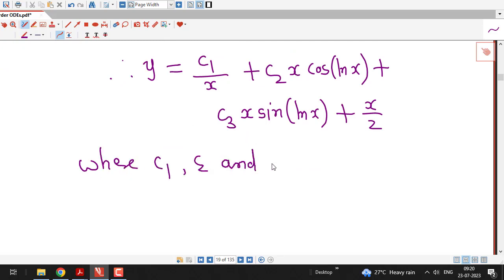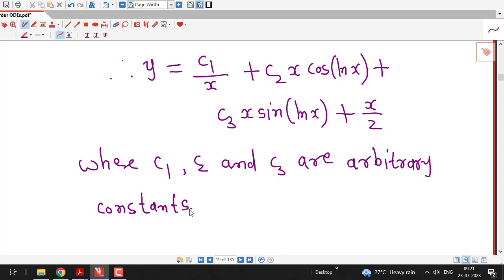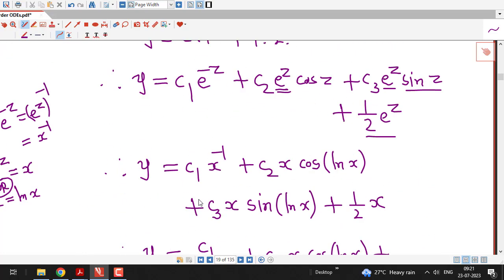So in this way we can easily solve Euler-Cauchy equations also by using the transformation x equal to e raised to z and by applying this type of shortcut methods if they are applicable.